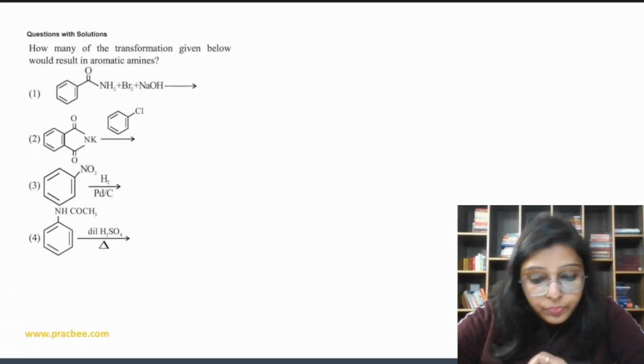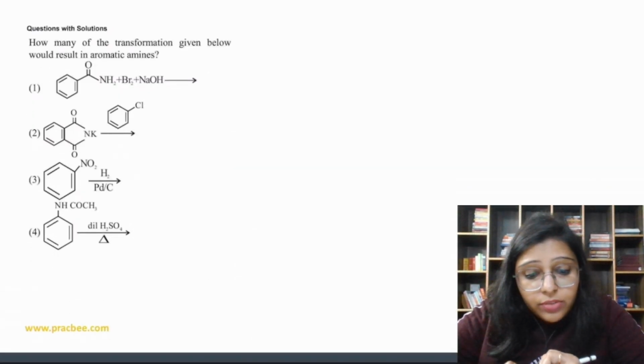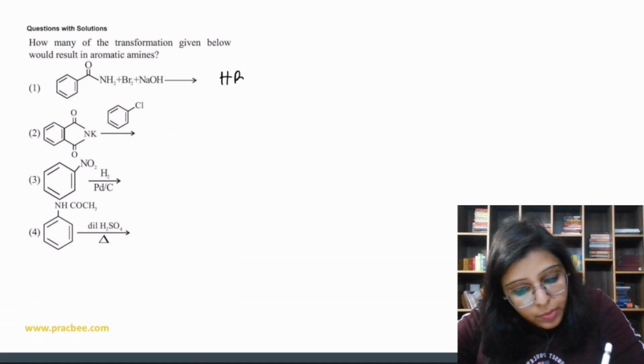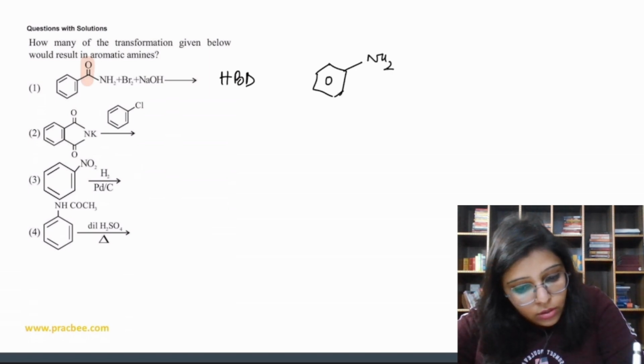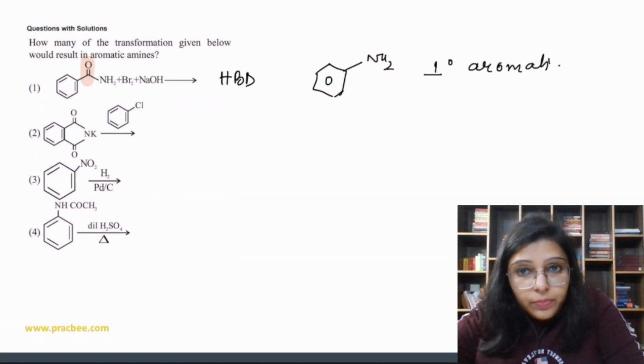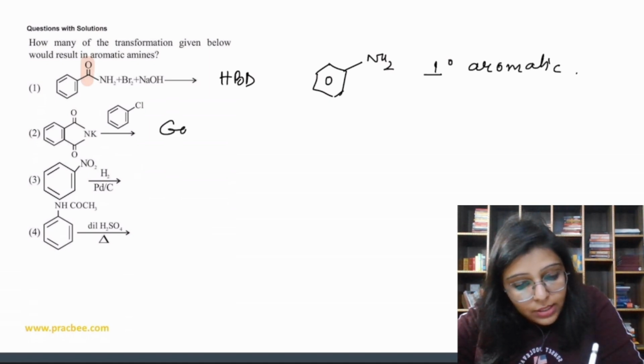Now, next question. How many of the transformations given below would result in aromatic amines? So, first reaction is Hofmann bromamide degradation. So we have to remove this, and we get NH2. So this is a 1 degree aromatic amine, aniline. Now, this reaction is Gabriel phthalimide synthesis.